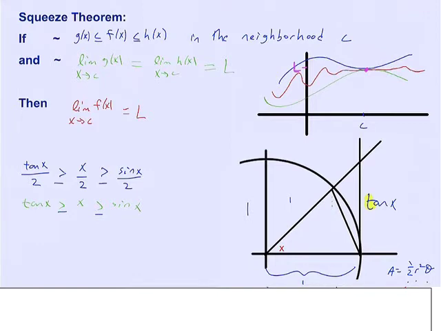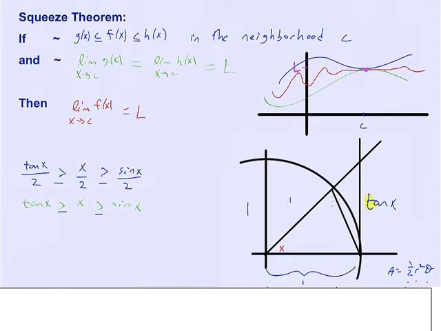Okay, I'm going to do a little bit more here. I'm going to divide all three parts of that inequality by the sine of x. The reason I can do that is I'm talking about a triangle here, so the sine of x is going to be the sine of an acute angle, so it's positive, so we can do that without ruining anything.